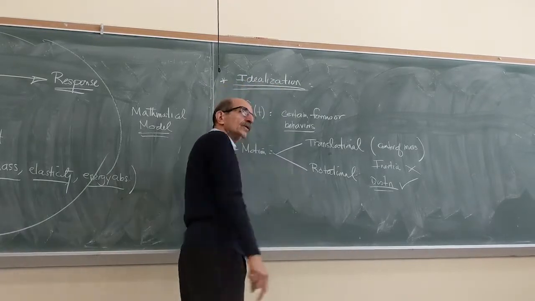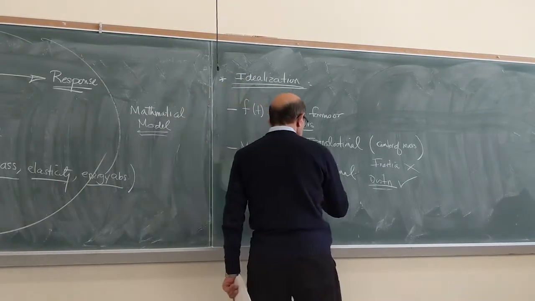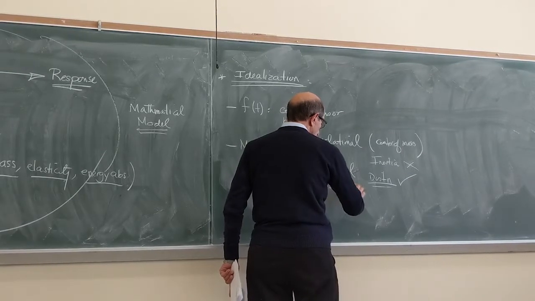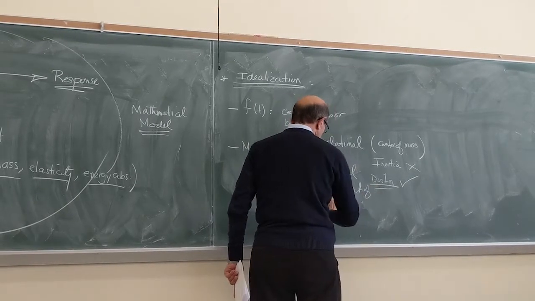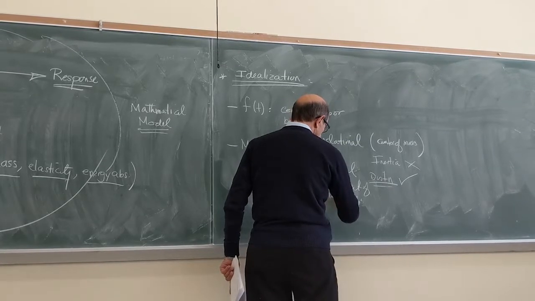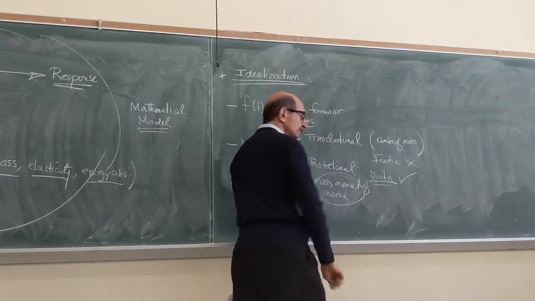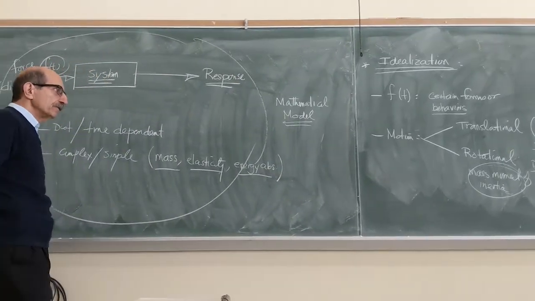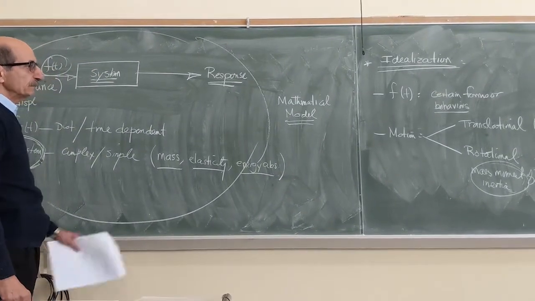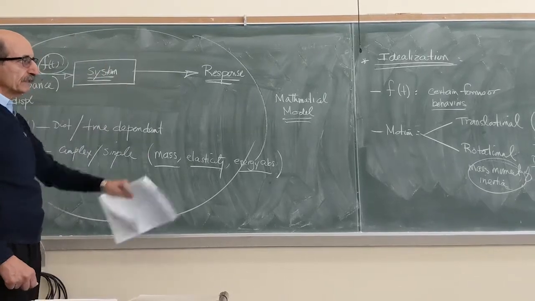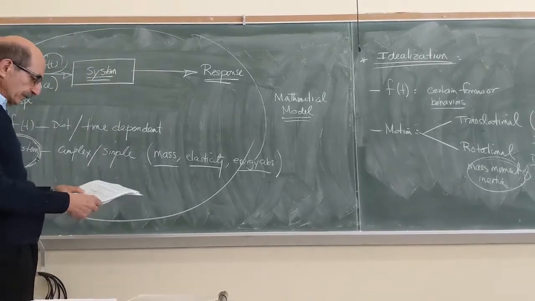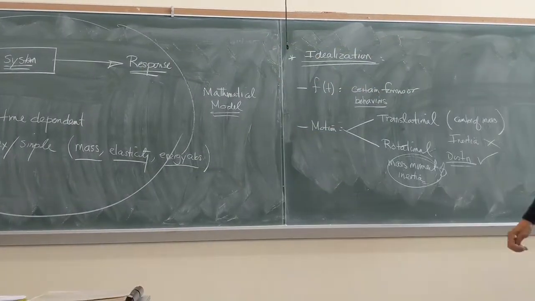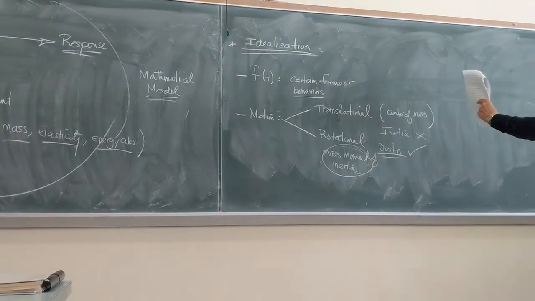In rotational motion, it is the mass moment of inertia, which is really defining the way the motion is taking place. So these are two things that we need to know as far as the idealization. First is the type of motion we're dealing with.